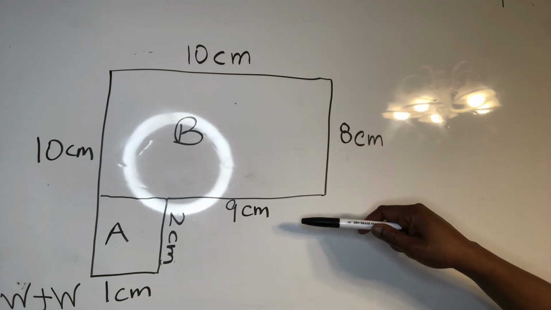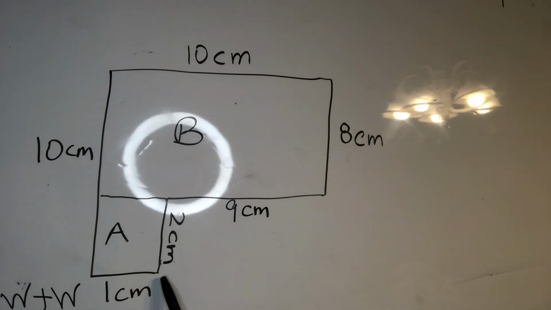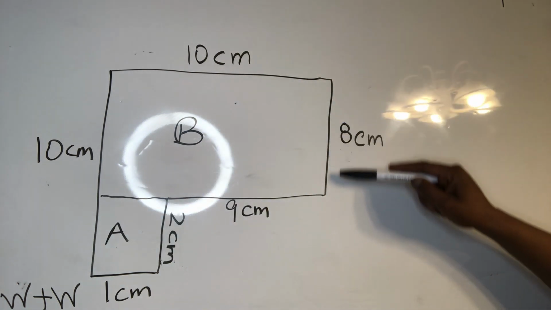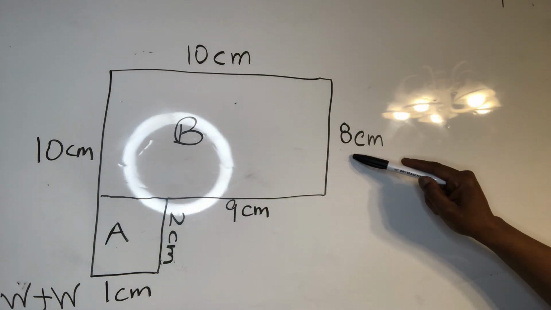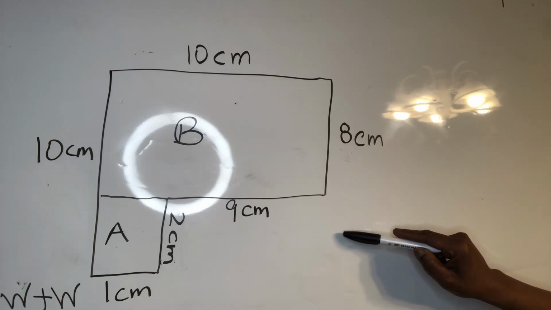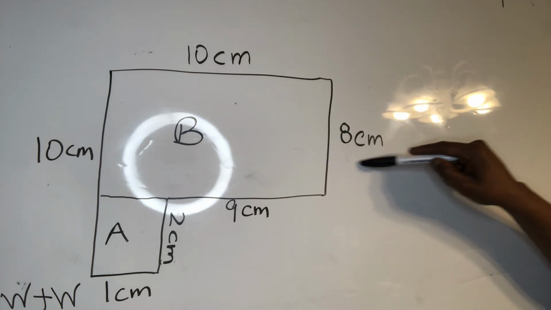And now when it comes to our height, it's the same thing. We've already used 2 centimeters with this part of the shape, so we no longer have this 2. This side is 10, so if you add 8 plus the 2, that gives you 10. So we've already used this 2, and now we're only using the 8.